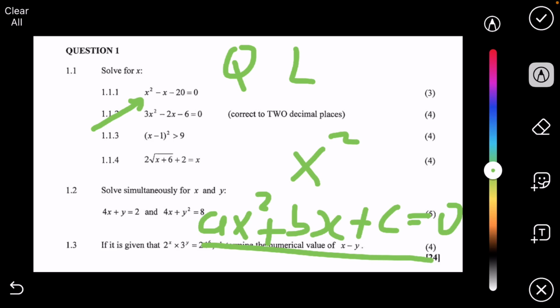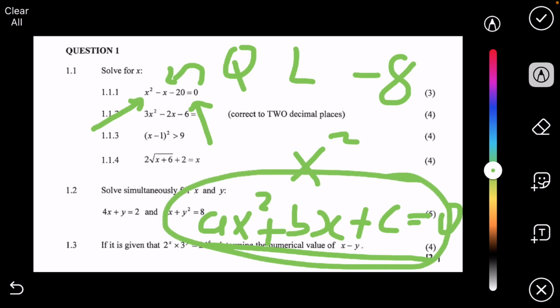Obviously, if it was equated to a number which is not 0, let's say for instance it was equated to -8, it would mean you need to move it to the other side of the equal sign and work it out until it's in the standard form. But in this case, you can see it's in the standard form.